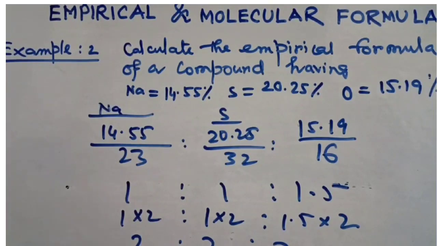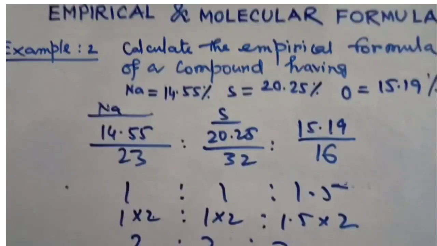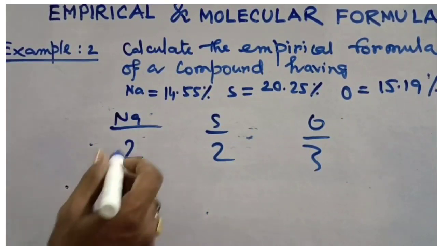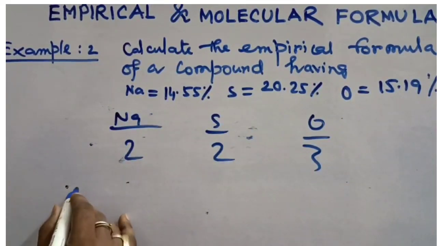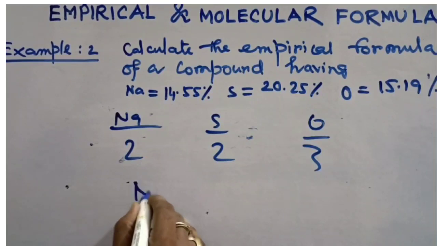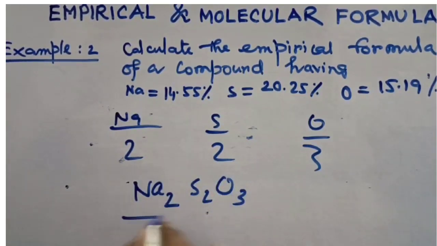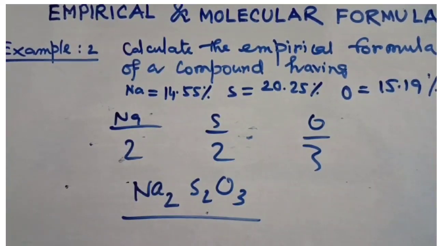It is all our whole number, 2, 2 and 3. So the empirical formula of the compound will be Na2S2O3.